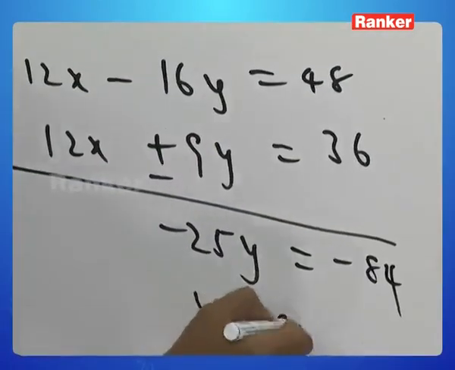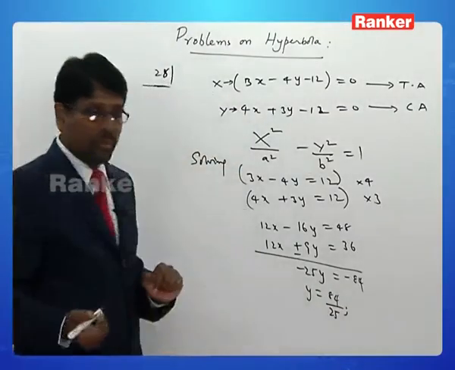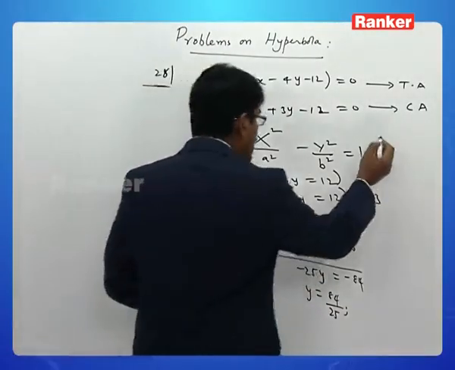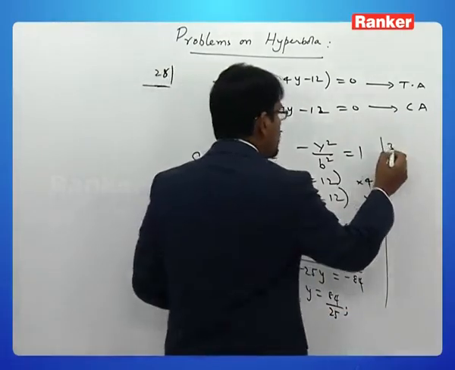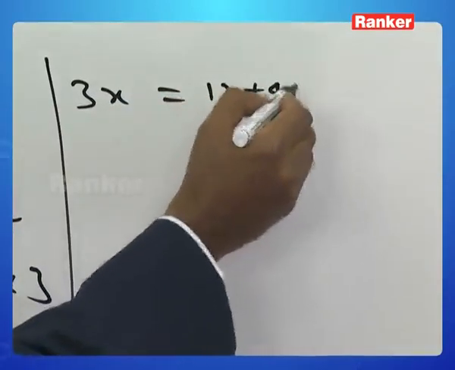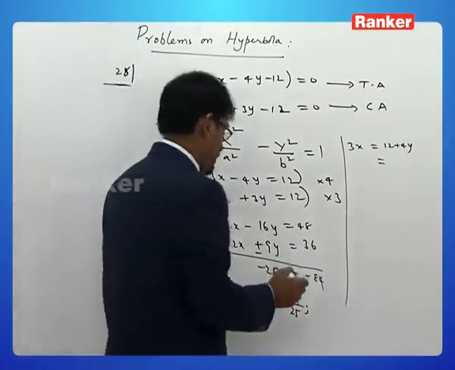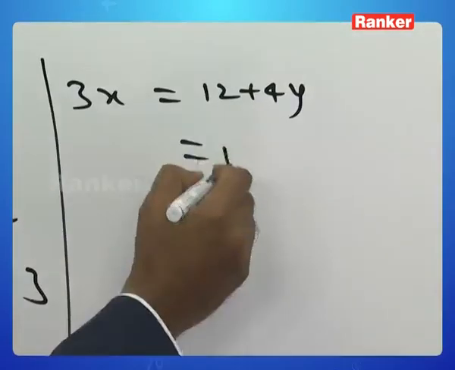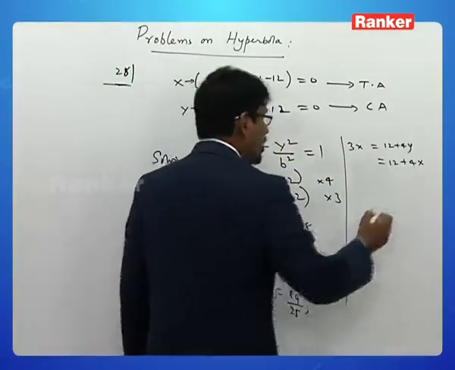That gives us y is equal to 84 by 25. Now substitute that in one of these equations and get the value of x. So 3x is equal to 12 plus 4y, so y is equal to 12 plus 4 into 84 by 25.